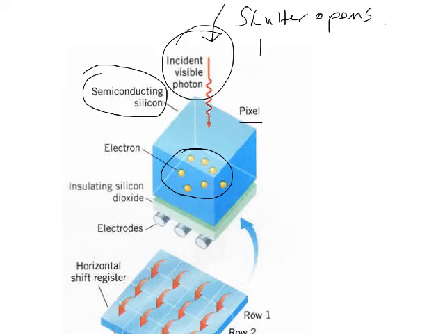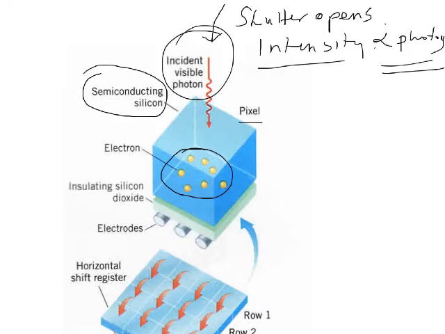Now, the intensity of the light is proportional to the number of photons. So, more intense light means more photons. And because there are more photons, there are more electrons.